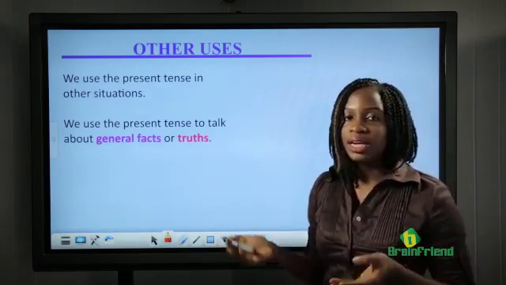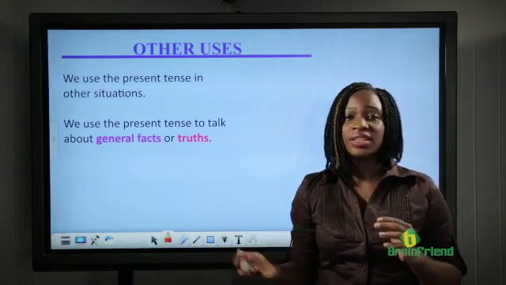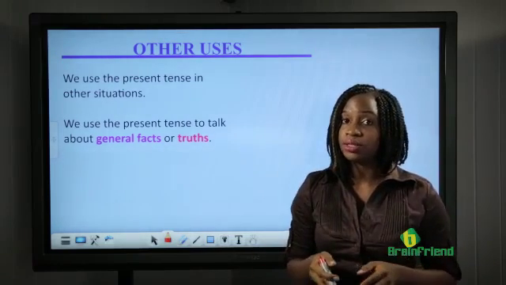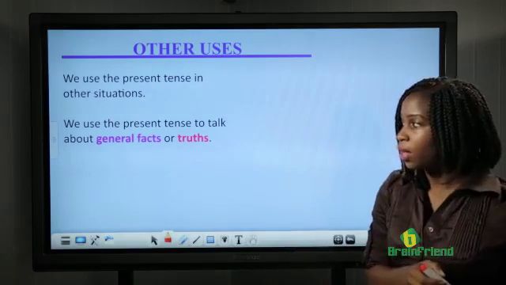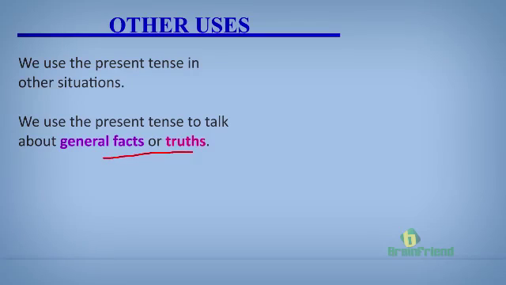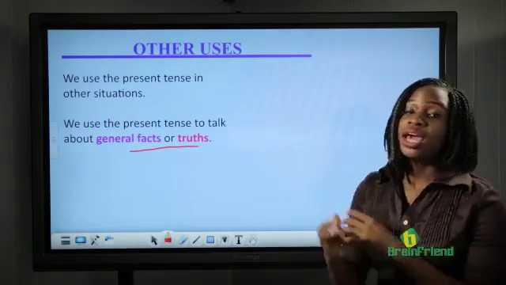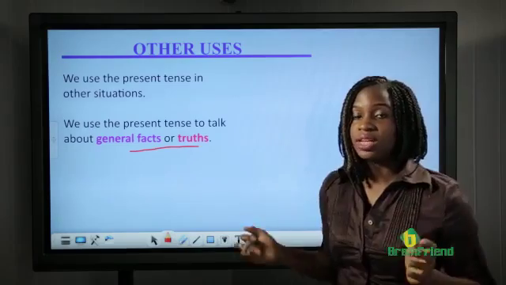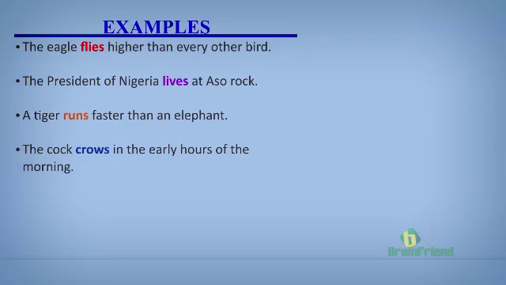Now, at the beginning of my lesson, I said unlike the past tense, we use the present tense in other situations, not just to talk about things we do regularly. We also use the present tense to talk about general facts or truths. These are things that remain true everywhere you go and at every time. They don't change. For example, the eagle flies higher than every other bird.